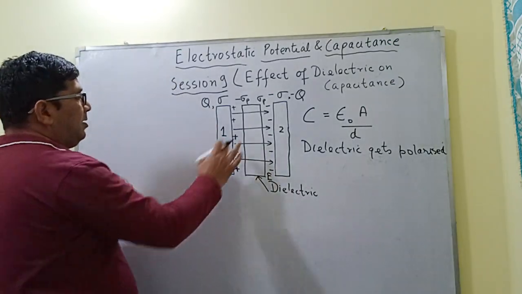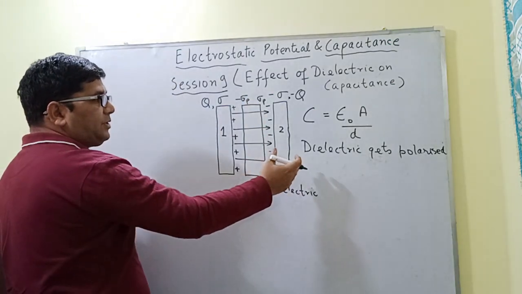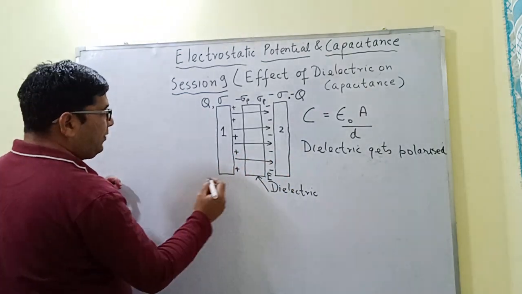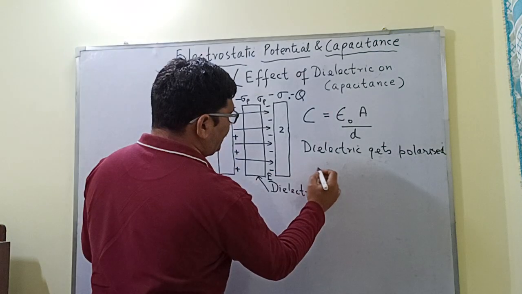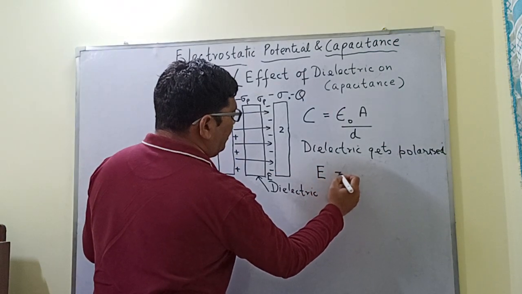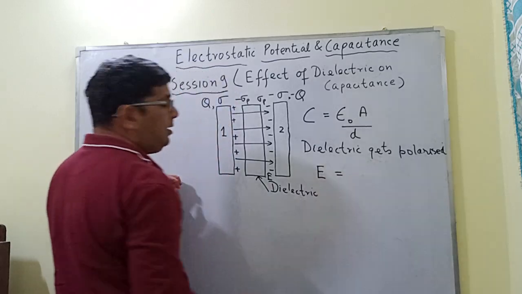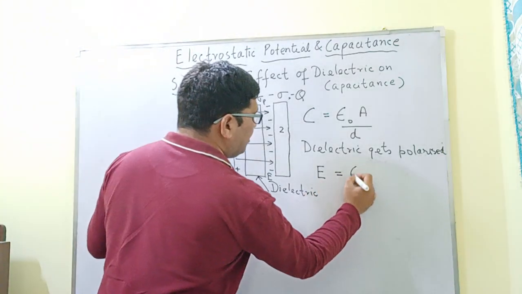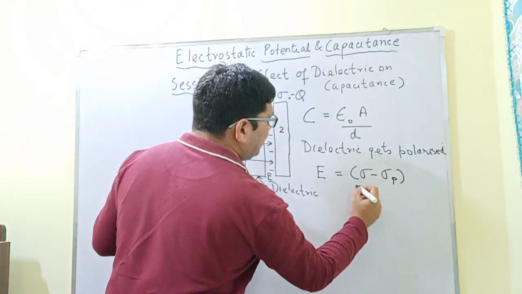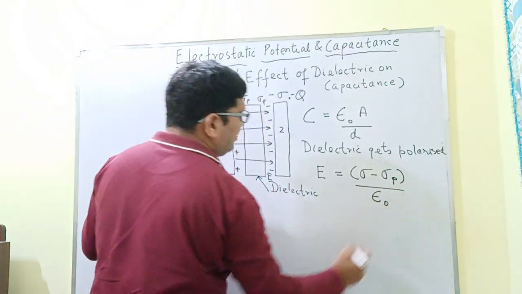Because of this dielectric getting polarized, the electric field E will be given by sigma minus sigma p divided by epsilon naught.